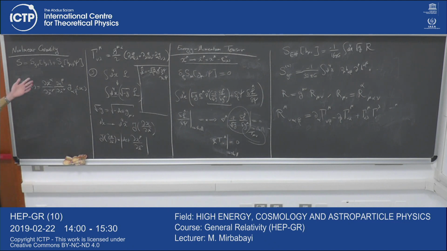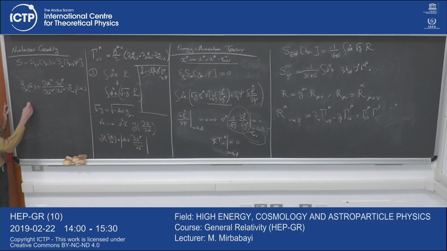So if I take x tilde and x to be related like that, I will get a linearized... Yes, we are linear. That thing that I wrote, that is the linear transformation.